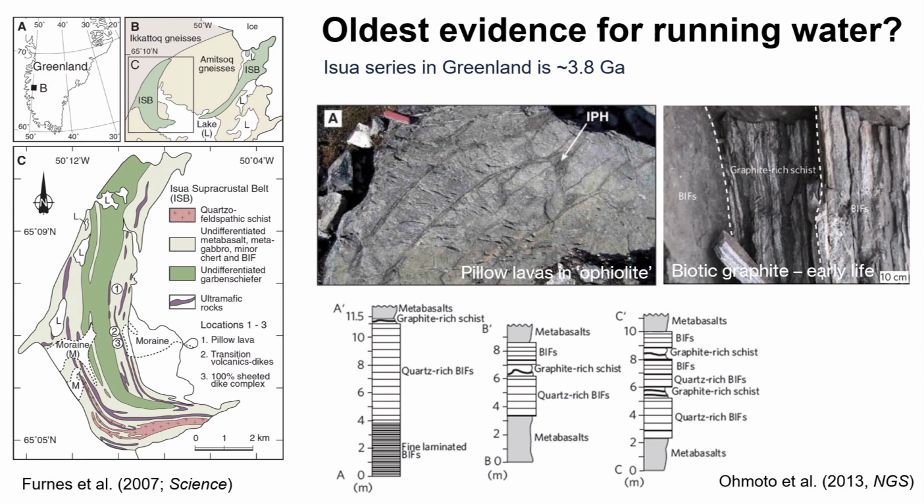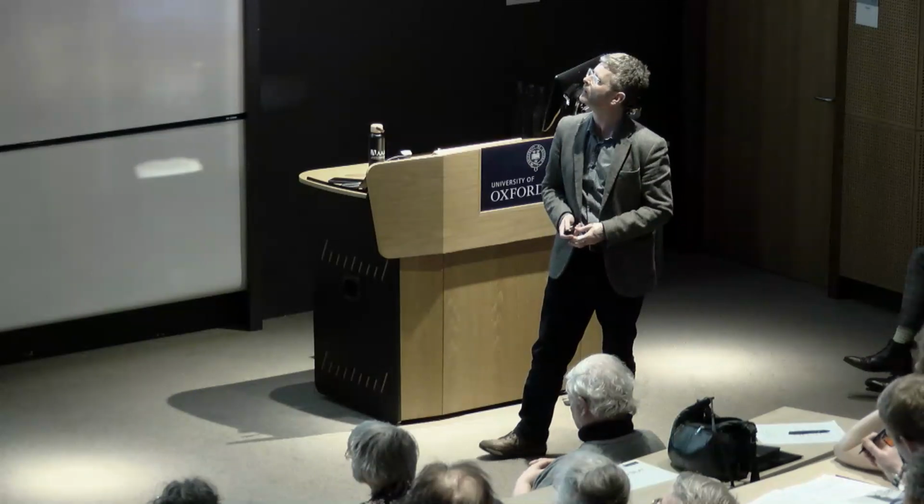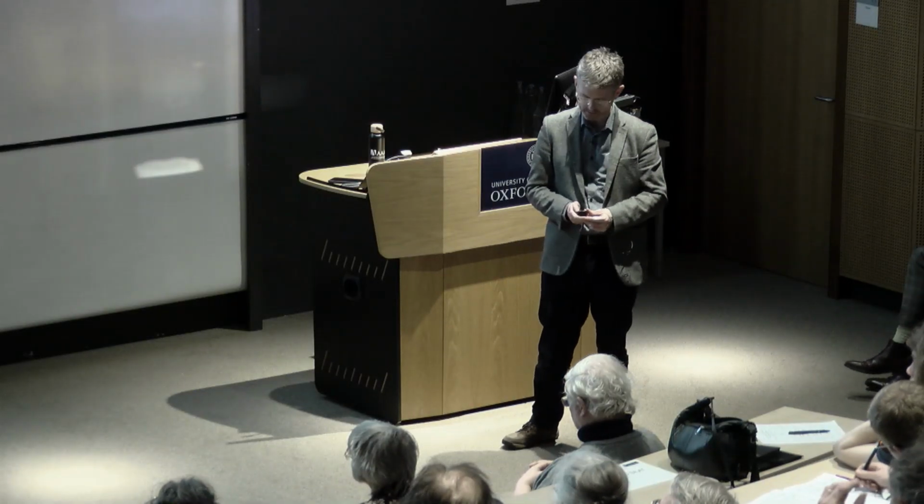They are organic material, biotic formed carbon, based on the tubular and hexagonal forms that are present within these schists. So this may be the oldest evidence for a very active ocean system around 3.8 billion years ago.